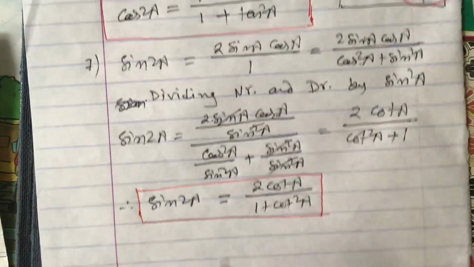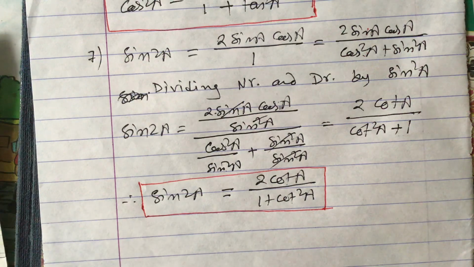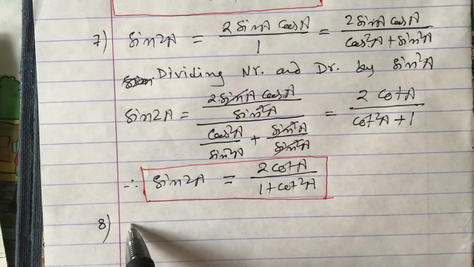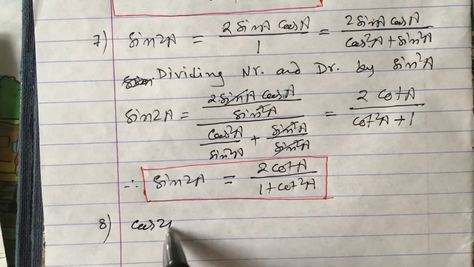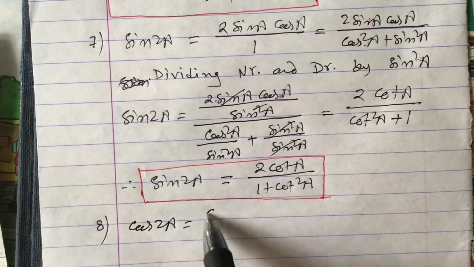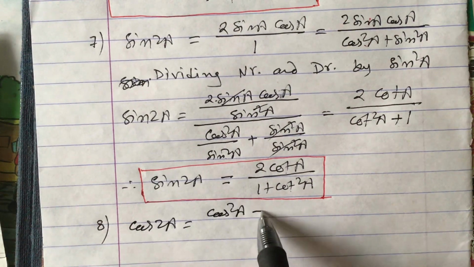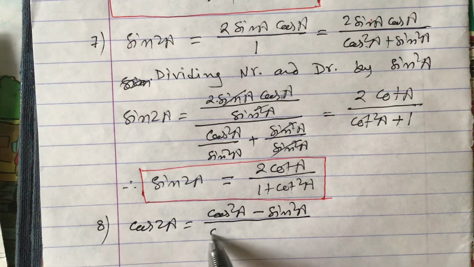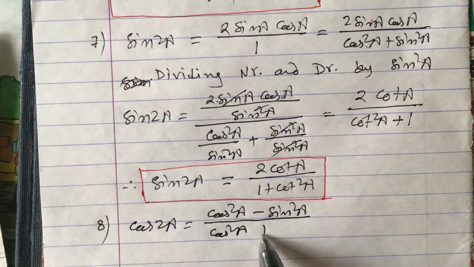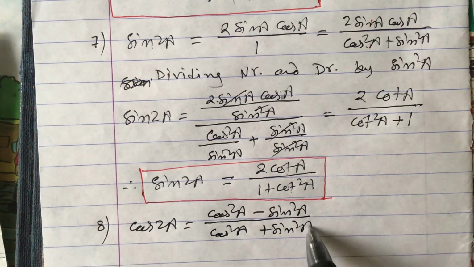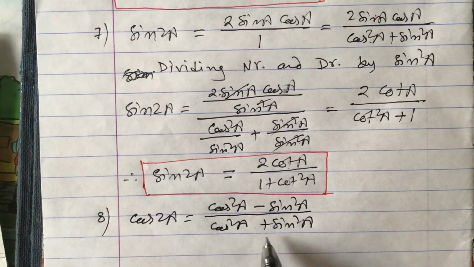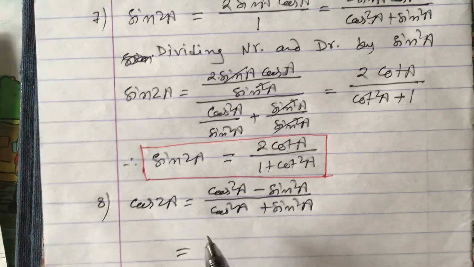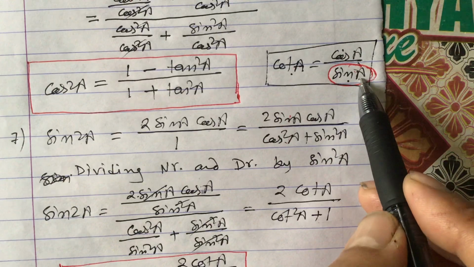Now similarly for cos you can also derive. See number 8, cos 2a formula directly I'll do here. Cos 2a equals cos square a minus sine square a divided by cos square a plus sine square a, because we are putting the formula 1 here. Now we have to divide by sine square a to get cot.